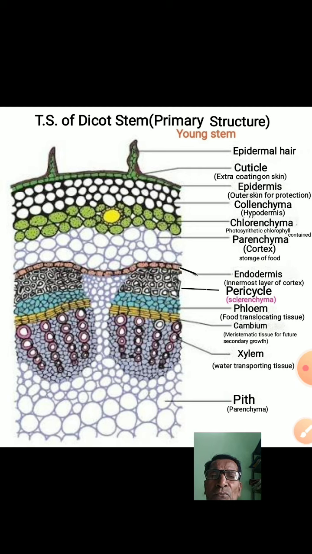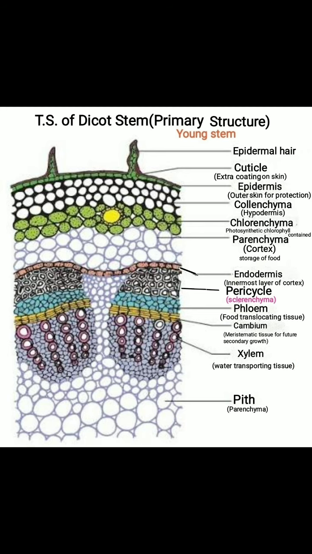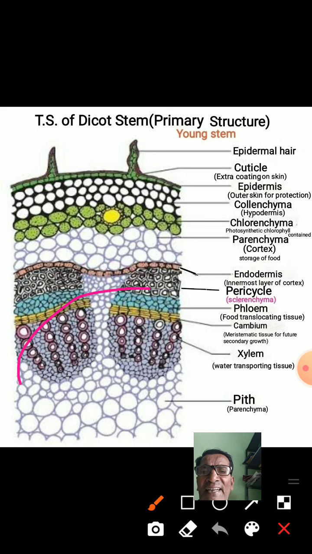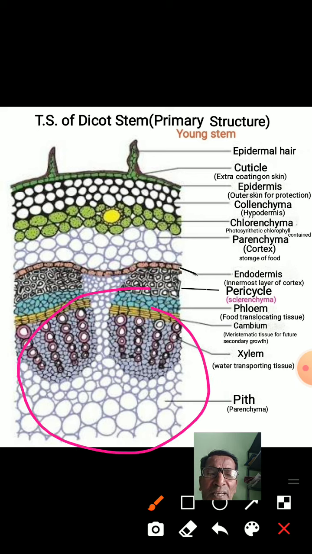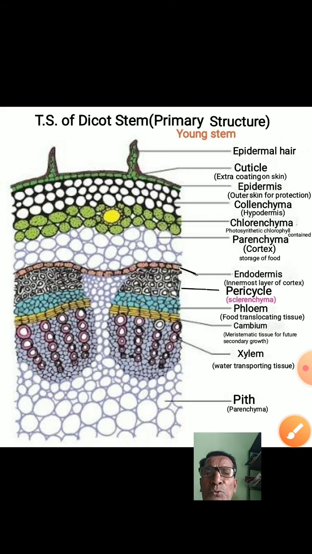Now, such wedge-like or top-shaped conjoint, collateral and open vascular bundles are arranged in a ring, as we have seen in the ground plan. The total number of vascular bundles is very numerous, and they are arranged in the form of a concentric ring.